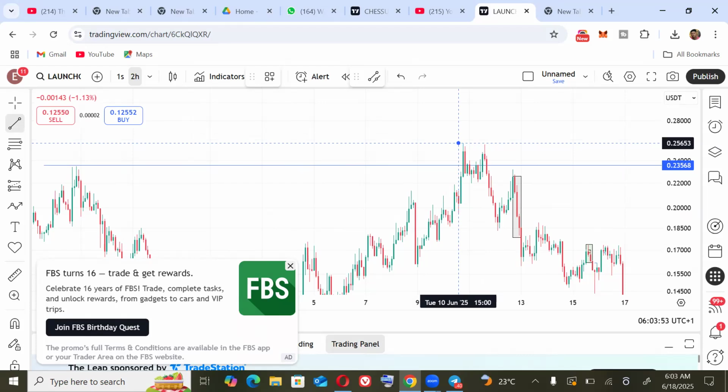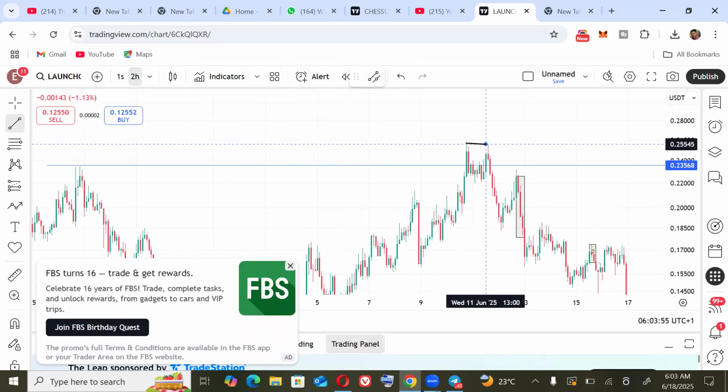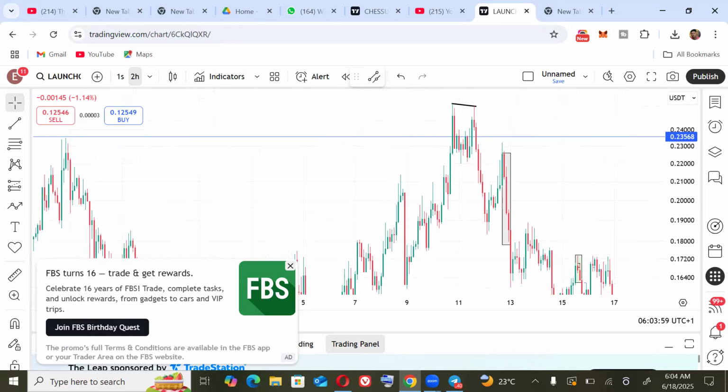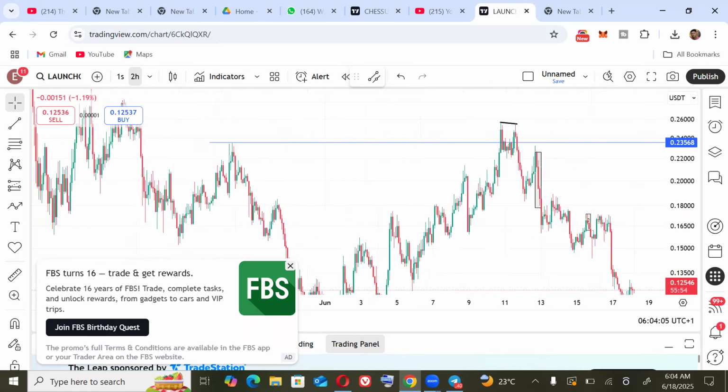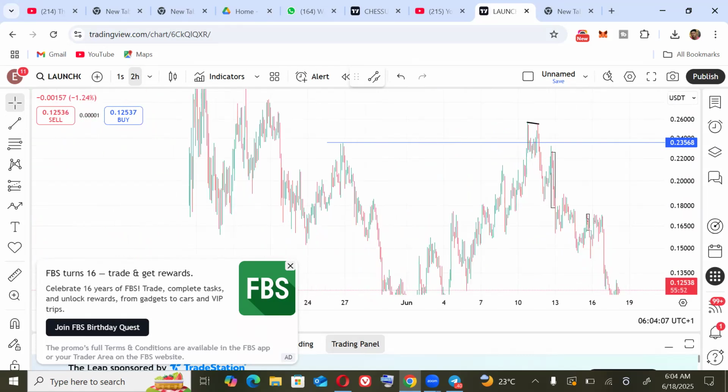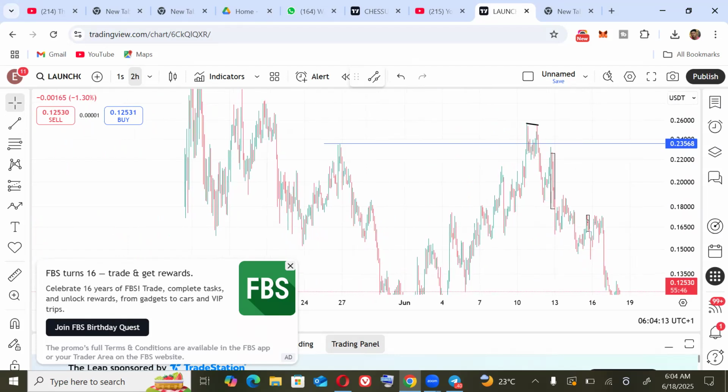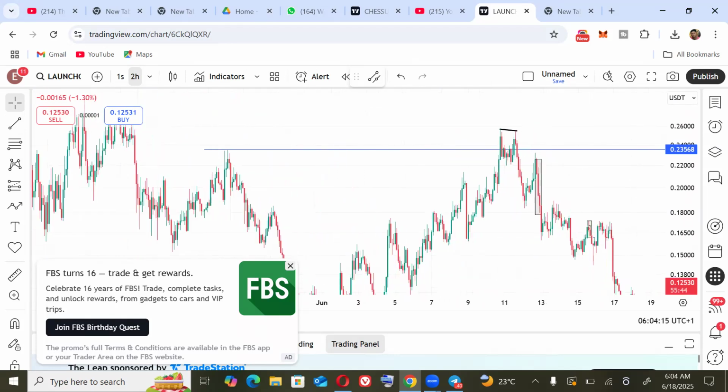Look at this, we had a failed structure here. This is confirming that there's low resistance liquidity drive. Meaning, since price could not break above it and yet fell all the way down, it simply means that we have a lot of selling pressure in there.